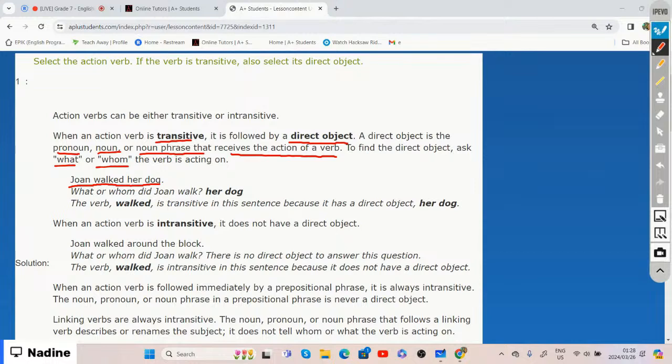So we can ask, what or whom did Joan walk? Which means our direct object is "her dog."